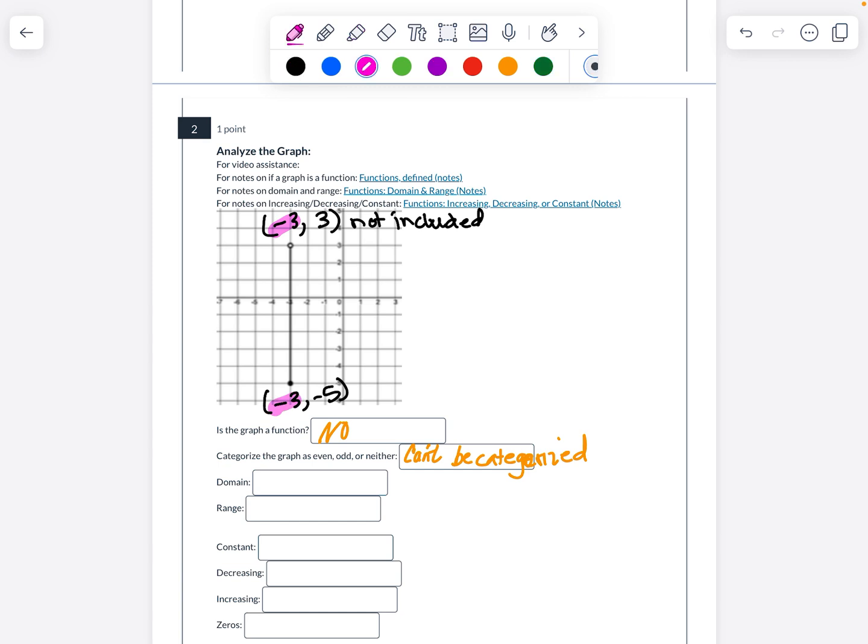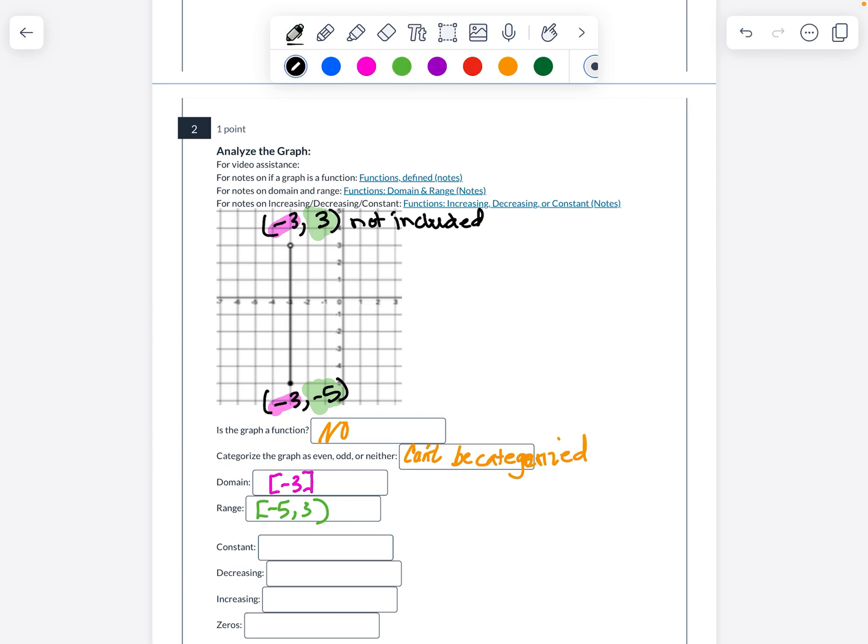That's the only value that x is on this graph. So the only x value is negative 3. The range, however, goes from the lowest to the highest. So the range is including the negative 5, but not including the 3.